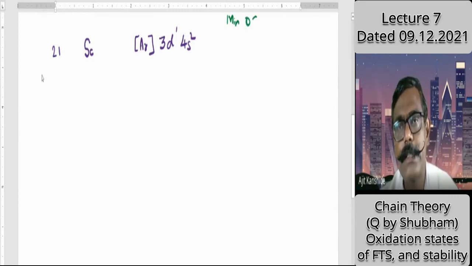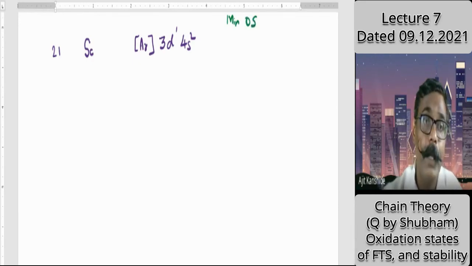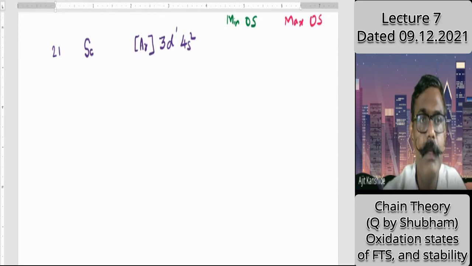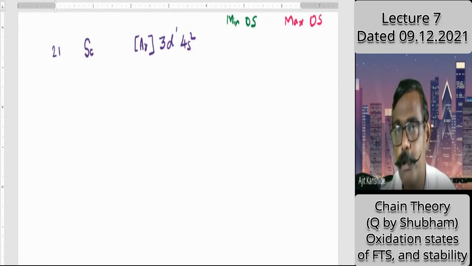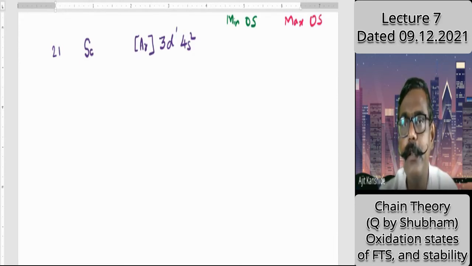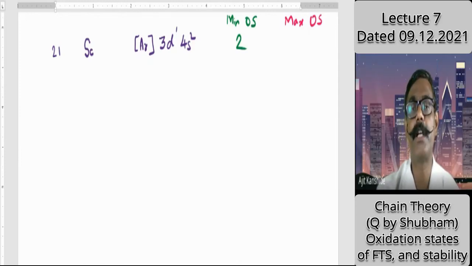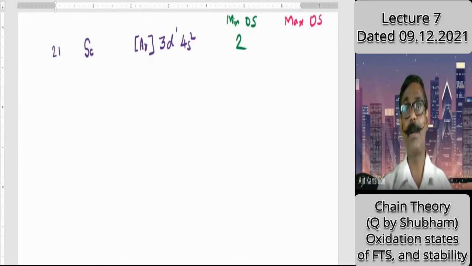Minimum oxidation state is the number of electrons in the 4s orbital. How many electrons are there? 2.